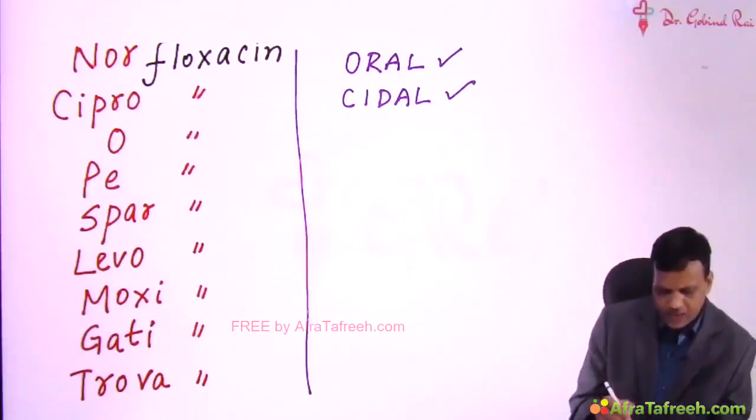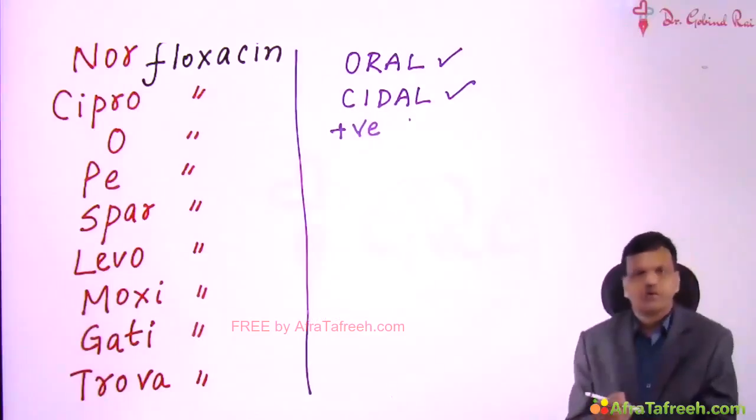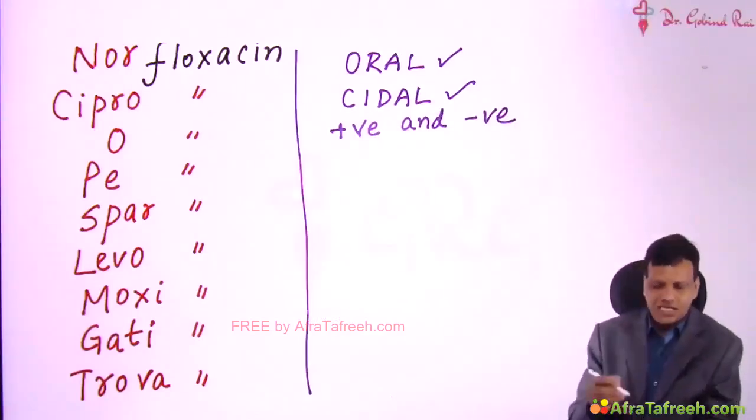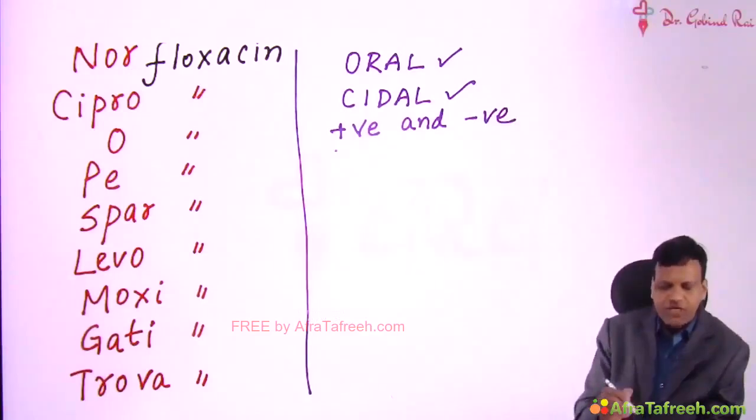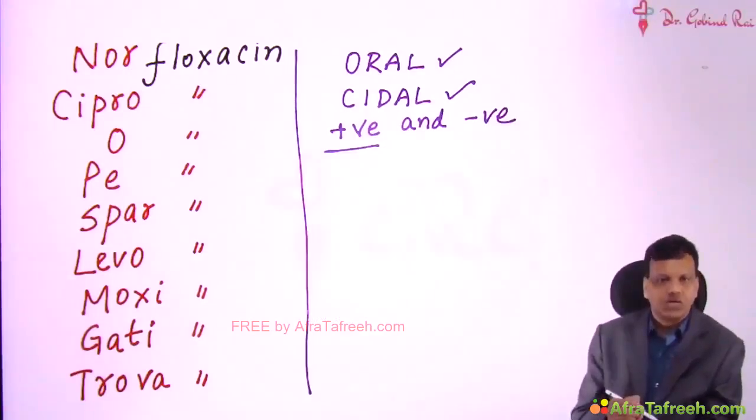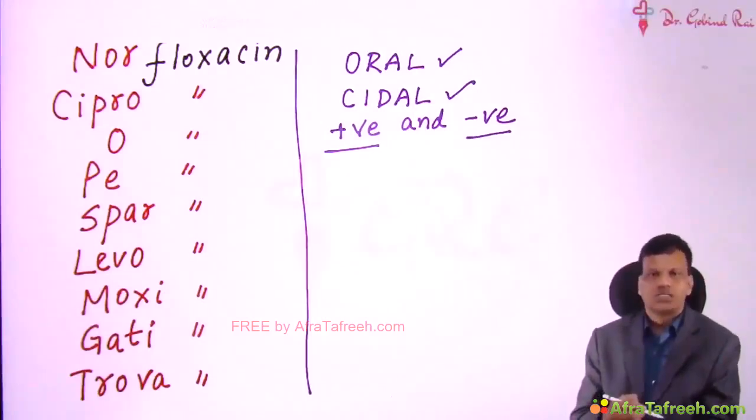They have a wide spectrum, effective against both gram-positive as well as gram-negative bacteria. They are effective against gram-positive organisms like Staphylococcus aureus, even MRSA, and they are effective against gram-negative bacteria including Pseudomonas.